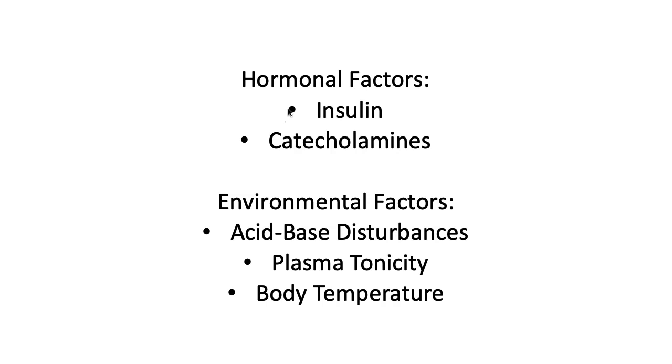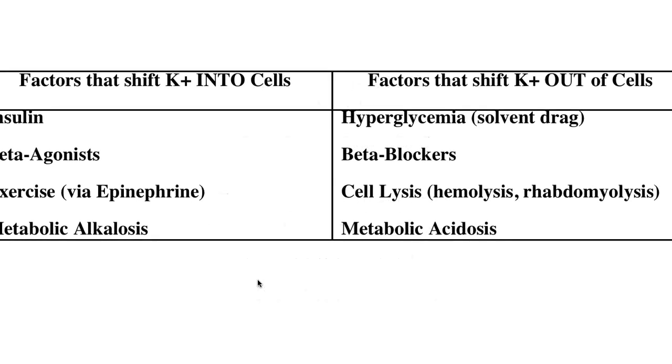We're going to go through each. Hormonal factors include insulin and catecholamines, okay? And the environmental factors are the pH, essentially acid-base disturbances, plasma tonicity, which we're going to talk about, and body temperature, which that case just illustrated, where hypothermia causes lots of potassium to shift into cells and the extracellular potassium would be really low.